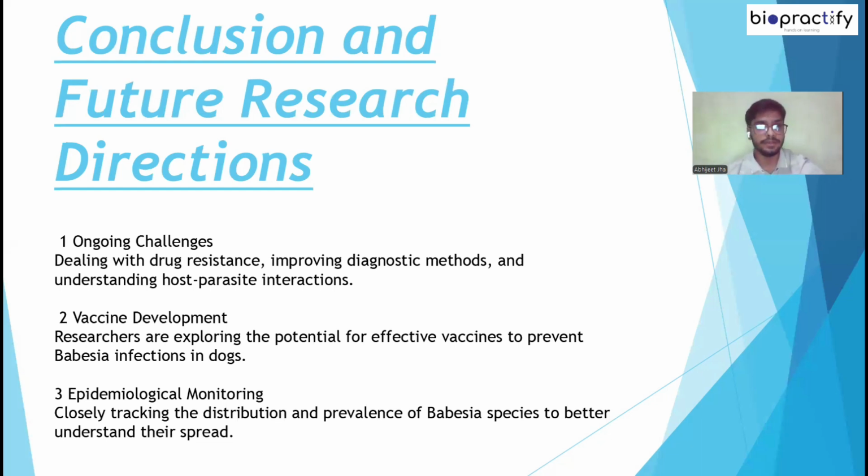And second point is vaccine development. Researchers are exploring the potential for effective vaccines to prevent Babesia infections in dogs. And third point is epidemiological monitoring, closely tracking the distribution and prevalence of Babesia species to better understand their spread.